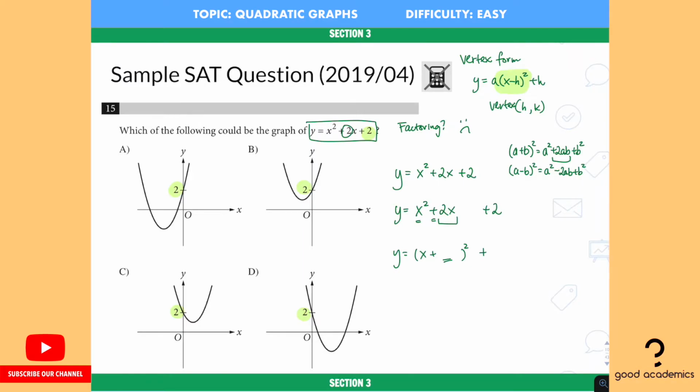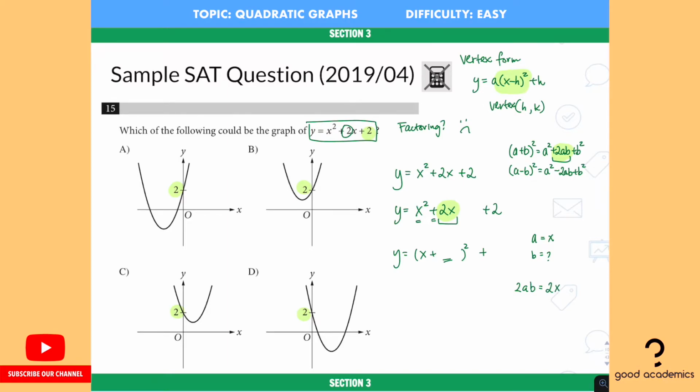If you can match it up, the a is our x term right here. Then we ask, what is the b? Well, if you put your attention right here, you know what? 2 times a times b is equal to 2 times x.